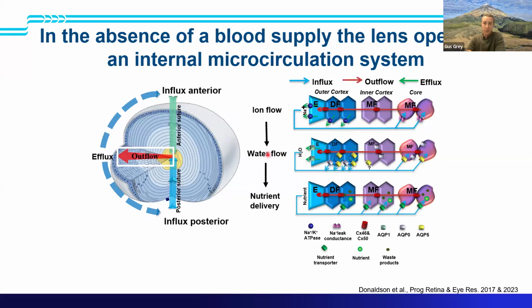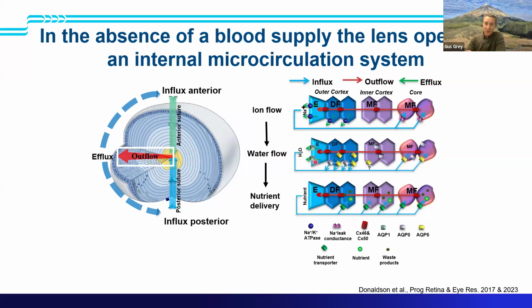This ion flow leads to water flow, and that water flow is mediated by the aquaporin 0 protein that I showed you. And then in addition to that water flow, you get convection of nutrients. So this is where we're really talking about our glucose and our glutathione as an antioxidant, which is a major protective mechanism for age-related nuclear cataract.